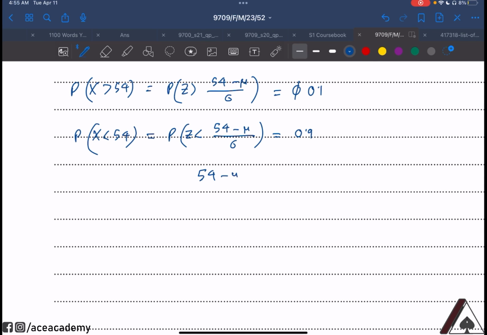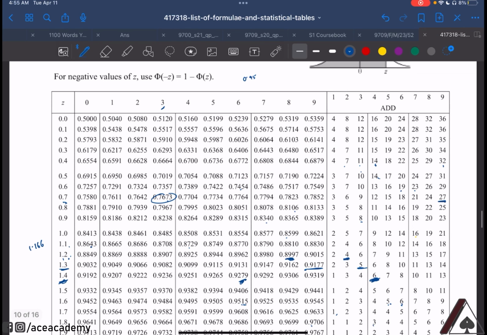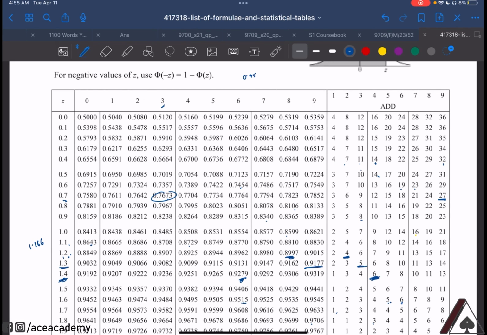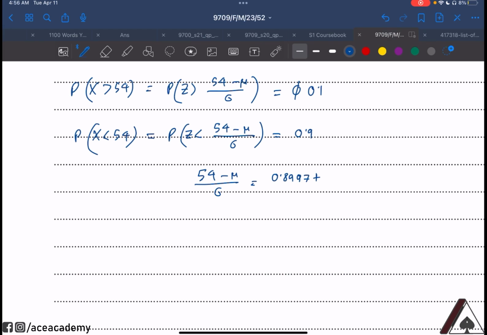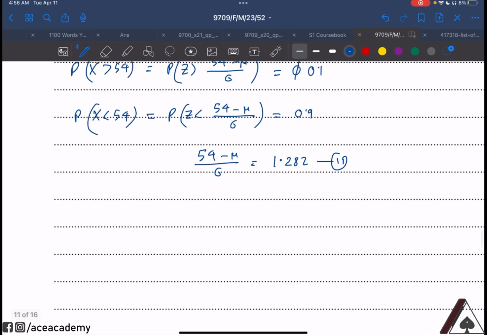So 54 minus mu by sigma equals 1.282, and this z value of 1.282 will give us a value of 0.9. Okay, so this is equation number 2.